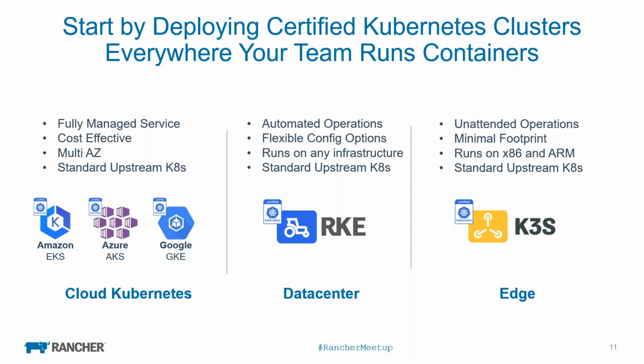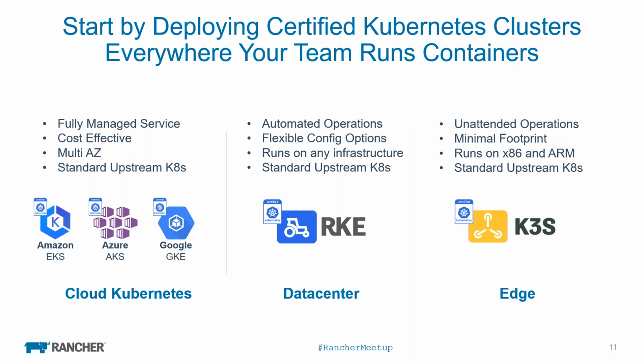We ourselves provide 2 core distributions of Kubernetes. One is called RKE. That's our traditional data center implementation. It includes automated ops. This is what we're going to be talking about today when we talk about using Terraform with RKE. It's upstream, consistent Kubernetes, very much configurable and easy to run on any infrastructure.